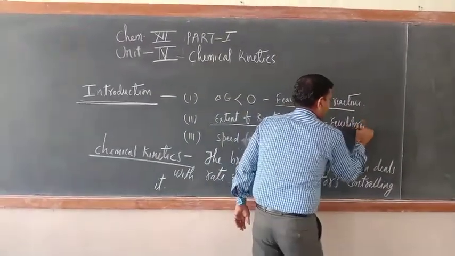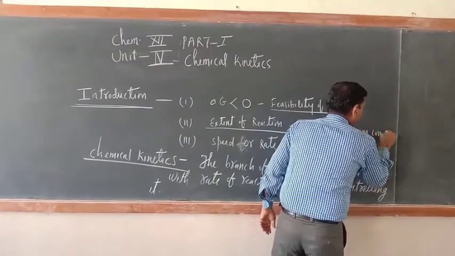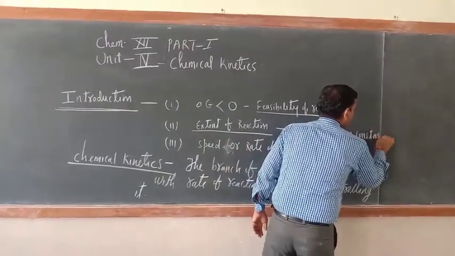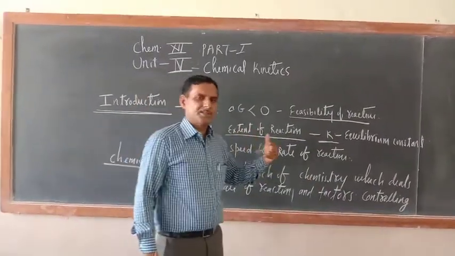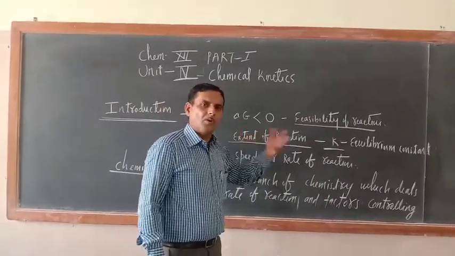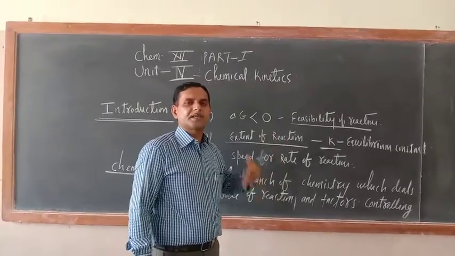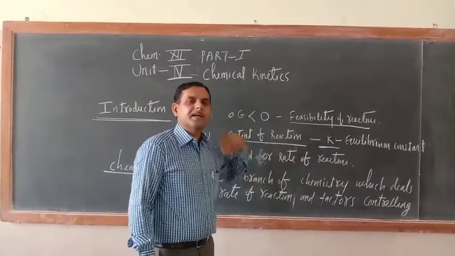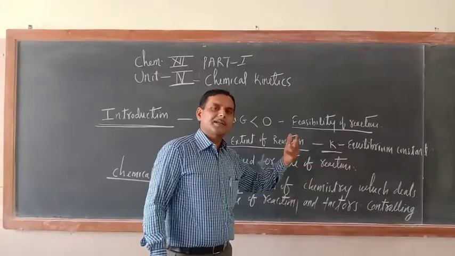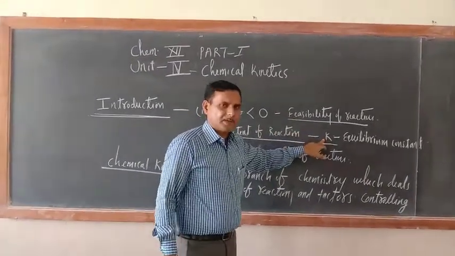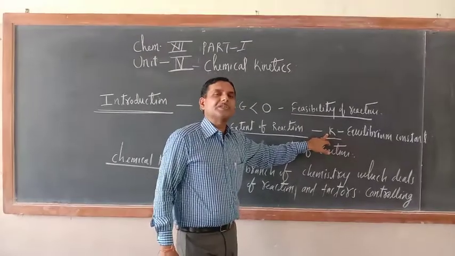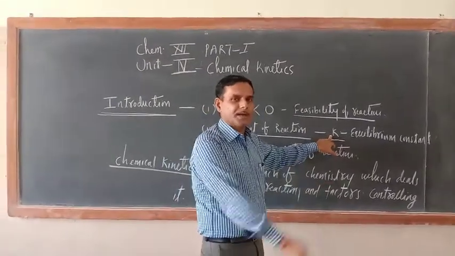If we have the value of the equilibrium constant, we can judge how much of our reactant gets transformed into product. So greater the value of K, greater will be the proceeding of the reaction towards the product side.